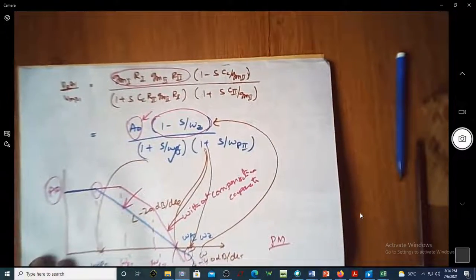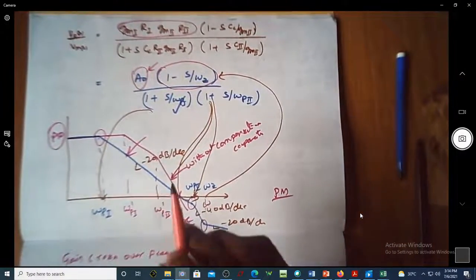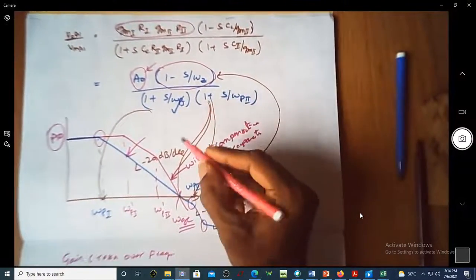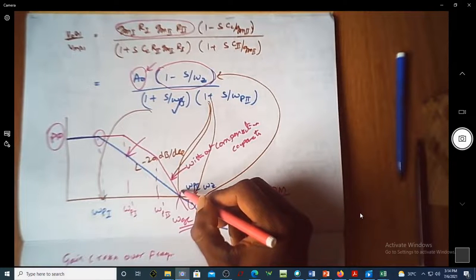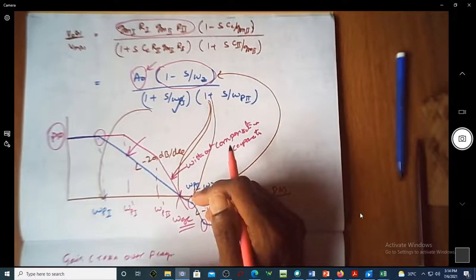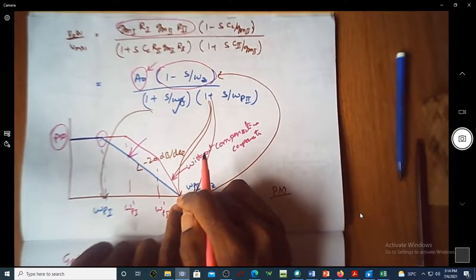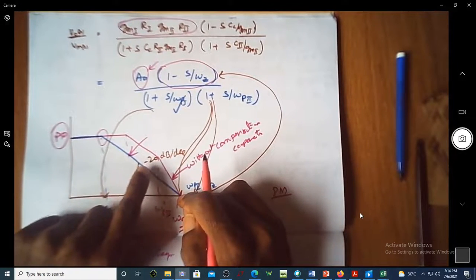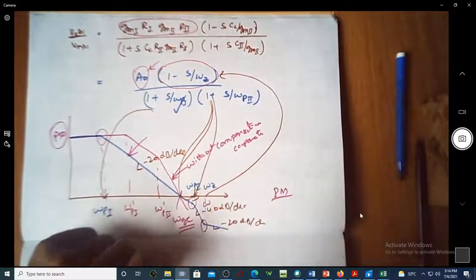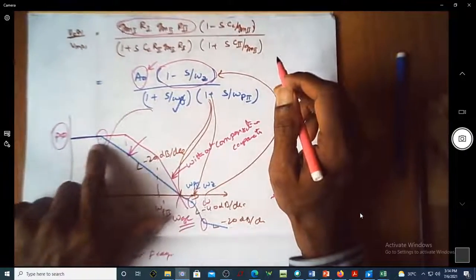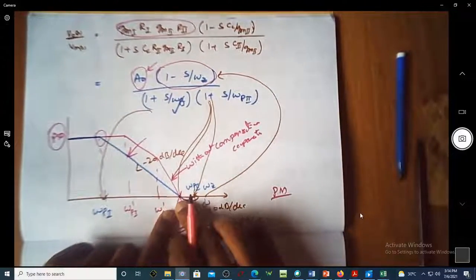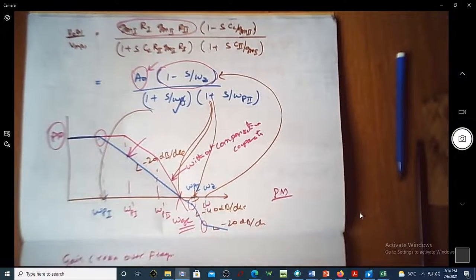But while finding the gain crossover frequency, we have to consider only those terms which are responsible for this magnitude plot. At this frequency, for the compensated graph, we have only two terms contributing to the magnitude plot, because this is omega GC.